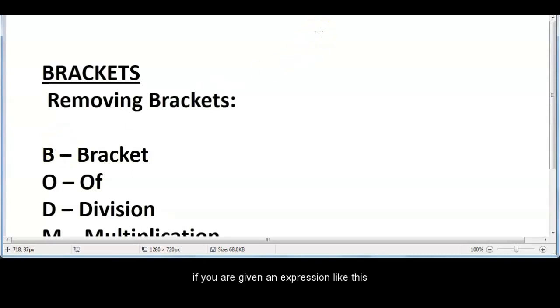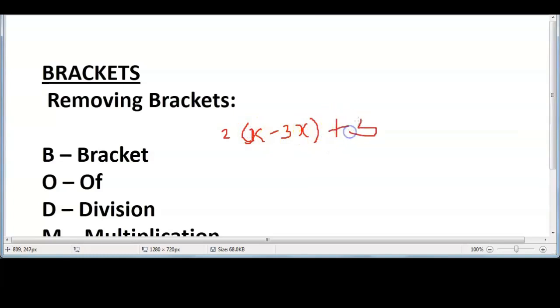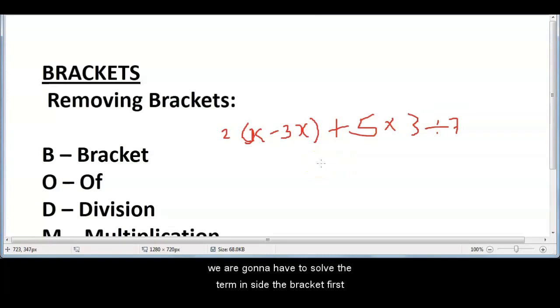So if you are given an expression like this, 2 into x, bracket x minus 3x, plus 5 times 3 divided by 7, you're going to have to solve the term inside the bracket before you move on to multiplication, division, addition, and so on.